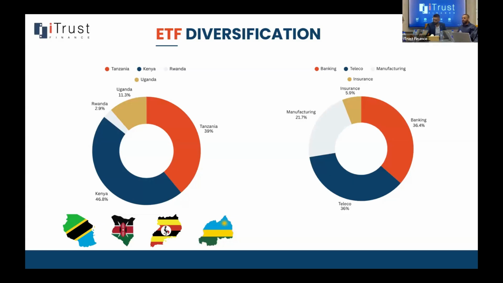Imagine you're sitting at home and you want to buy Safaricom, right? You would need to open a CDS account in Nairobi Stock Exchange, be able to move money from here all the way to Kenya, just so you can buy that stock. Now, think about it this way.